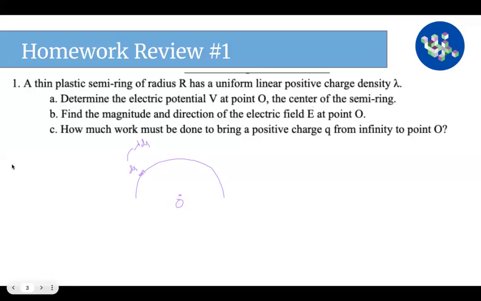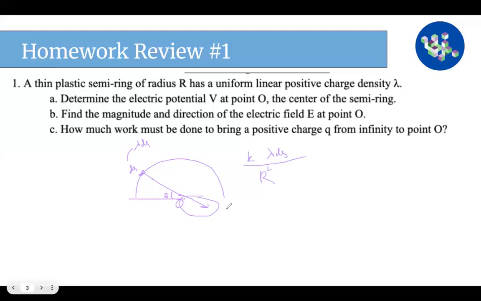If I'm looking at an angle of theta, then I know that the electric field here will be lambda ds, which is the charge, times k divided by big R squared, and this would be in this direction.